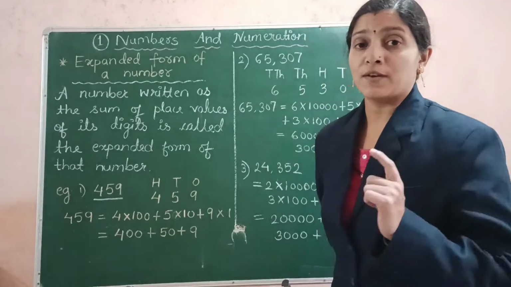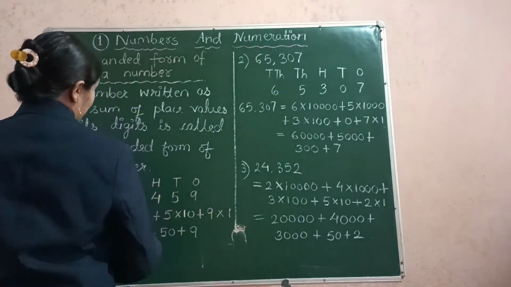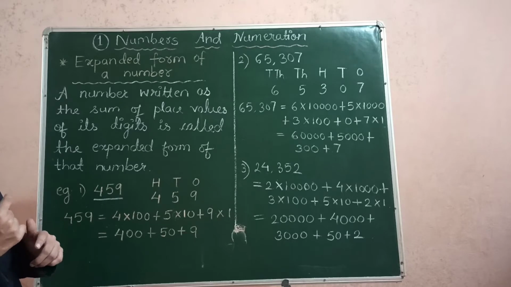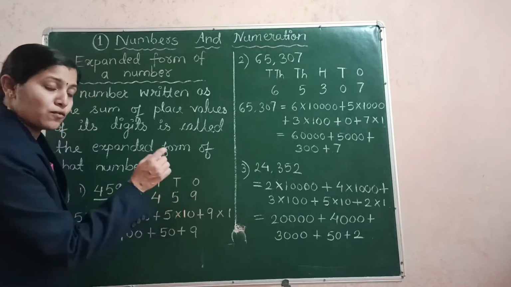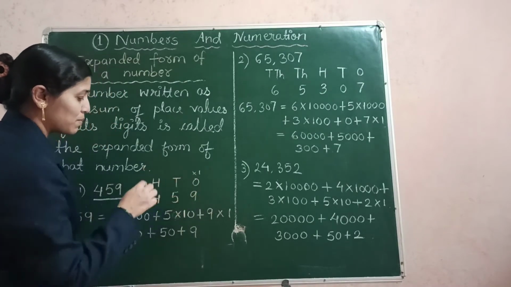We know that when we found out the place values of numbers, what did we do? We took the digit, their positions, and multiplied them according to their places in which they were. So if we want to find out the place value of 9, we will multiply it with 1 because it is in ones place.